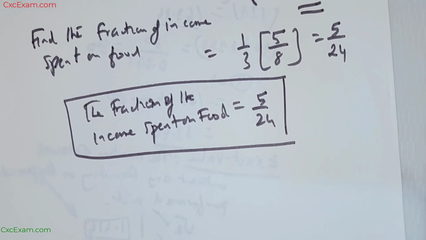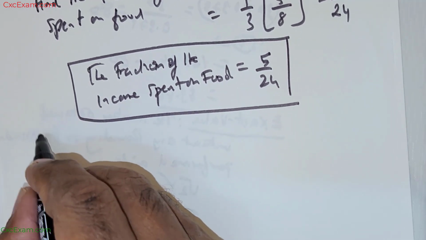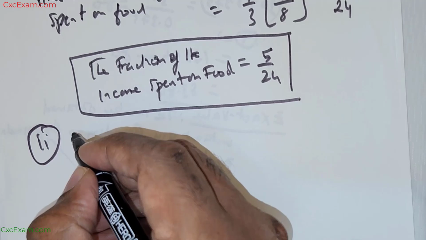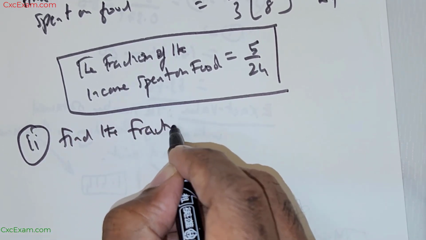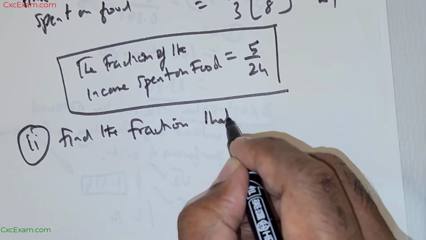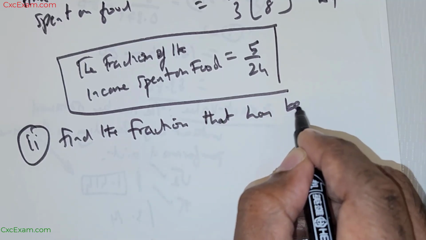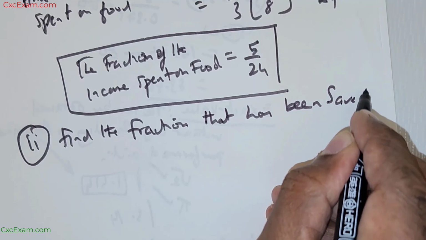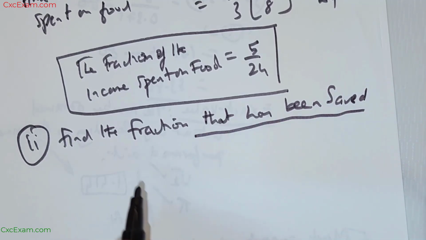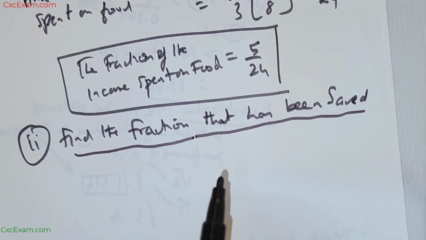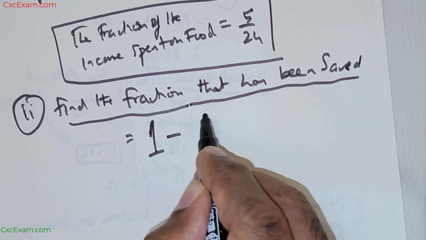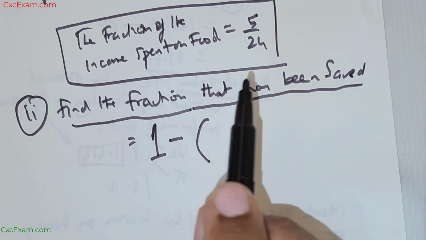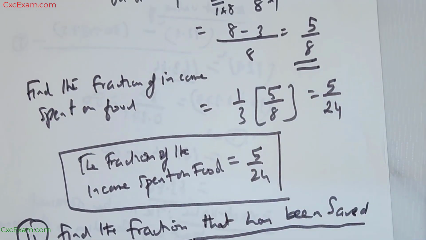Okay, and there is a second part to this question. It says that find the fraction that has been saved. So how do you get this fraction that has been saved? So what you have to do is from 1 you have to take away the first amount.